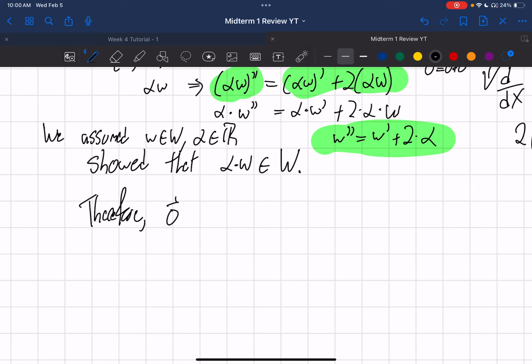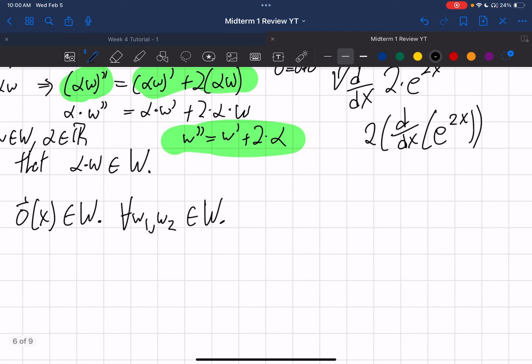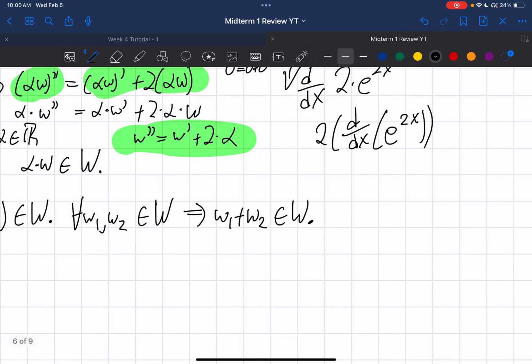we have the 0 function is an element of our subset. We have that for all W1 and W2 in our subset, that implies that W1 plus W2 is also an element of our subset.